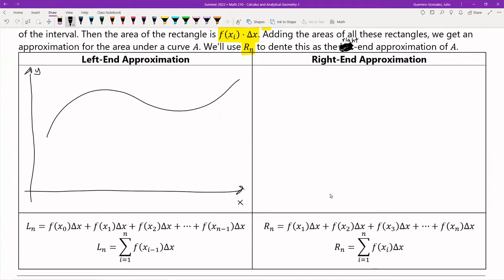For the left endpoint approximation, let's say we had, I'm going to use the same colors that I was using before. Here's my A and here's my B, right? I'm going to choose an x_{i-1} and an x_i, right? So that means that I have a box like this.